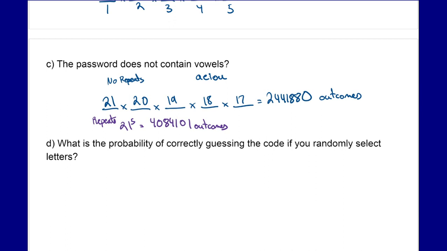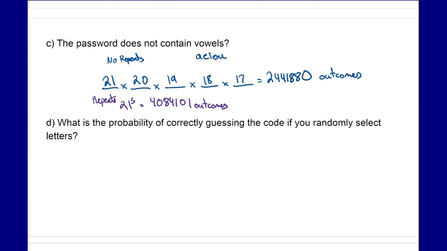What is the probability of correctly guessing the code if you randomly select letters? This one might be a little bit more difficult. We have to think about NA and NS. NA is the total number of successful outcomes, and NS is the total number of possible outcomes.